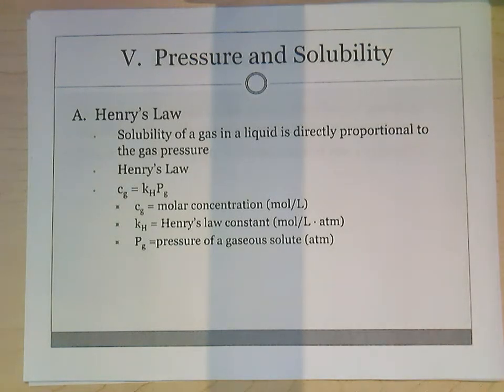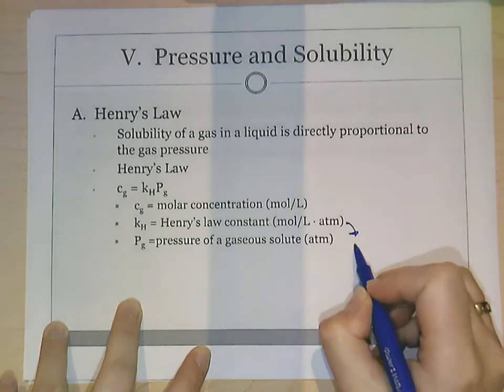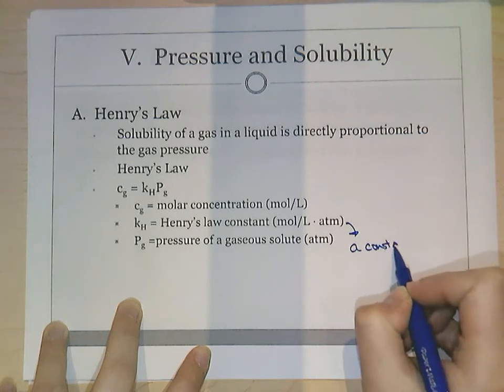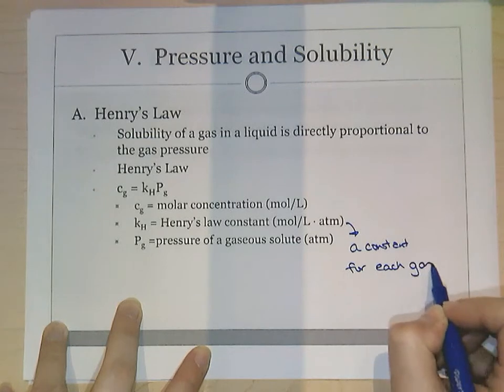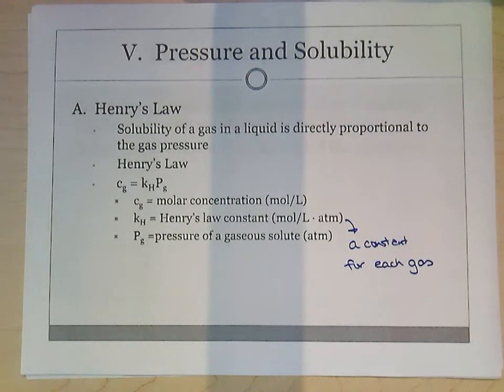So Henry's law is this equation right here. Molar concentration in moles per liter is equal to Henry's law constant, which is a constant for each gas. So each gas has its own constant. You can find it in a table of constants in your book.